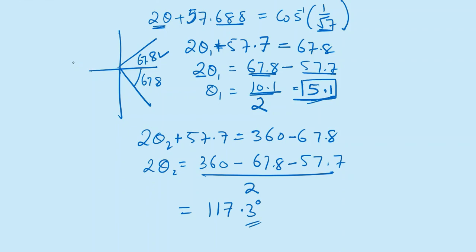So 5.1 is one answer and 117.3 is the second answer. And both are within our domain 0 to 180.